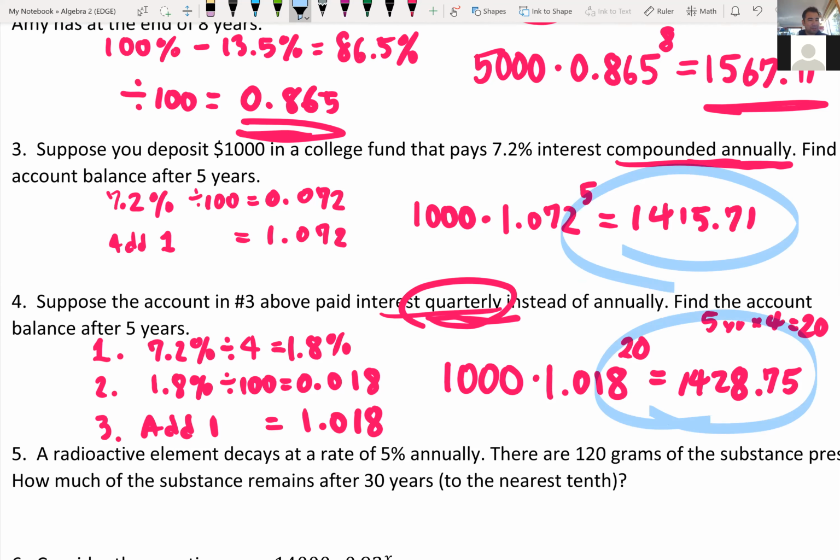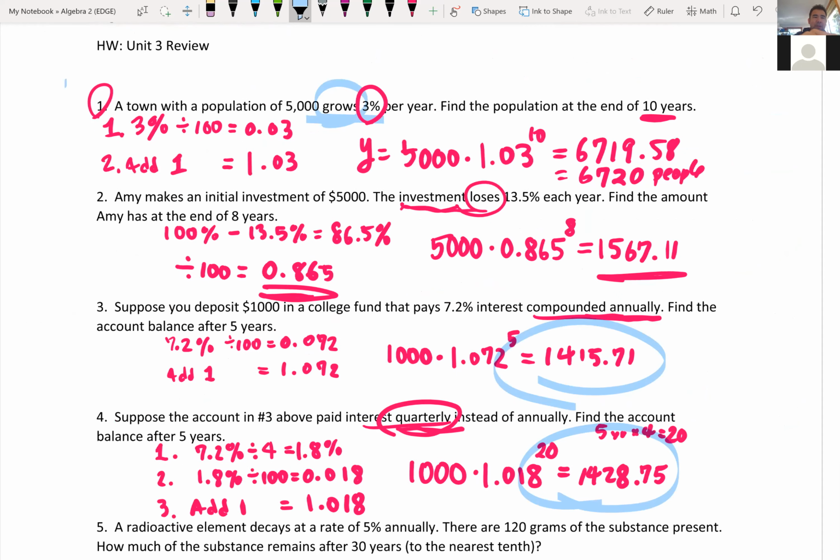Is everybody okay on this? Okay. So I hope this lays out the steps for just normal growth problem. Number one is the growth.